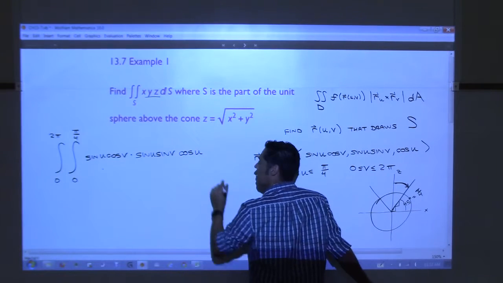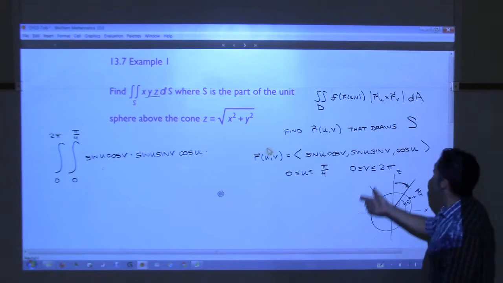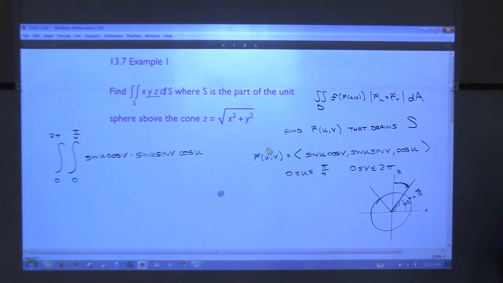All of that times the magnitude of the cross product of the partial derivatives, which means you would have to take the partial with respect to u, the partial with respect to v, do the cross product, and take the magnitude. We did that last class, so please refer to your notes. It's a lot of work. What did we get? Wasn't it like sine something?